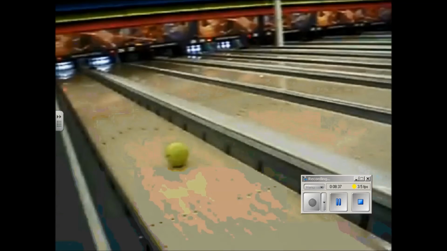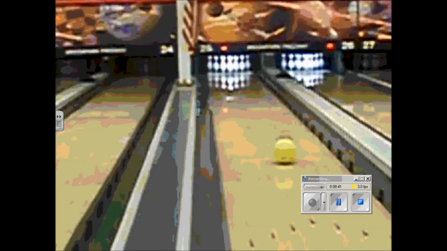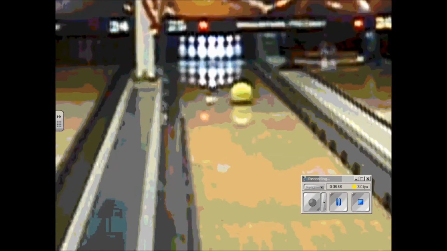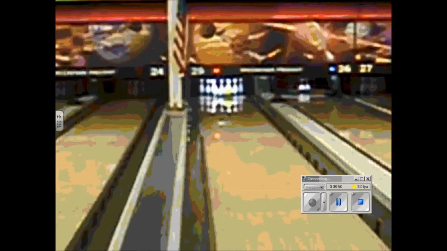And now, after she pushes it, the velocity stays constant. Look, the ball's not speeding up or slowing down at all. It's just rolling because there's nothing to stop it. And it's going to keep rolling forward until it encounters an outside force like hitting the bowling pins, right? Okay, so there we go.